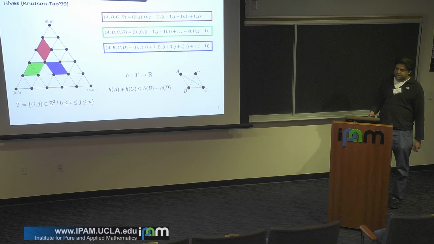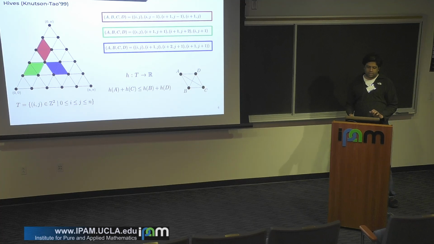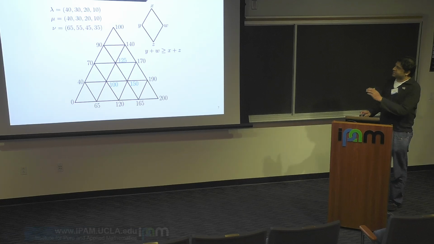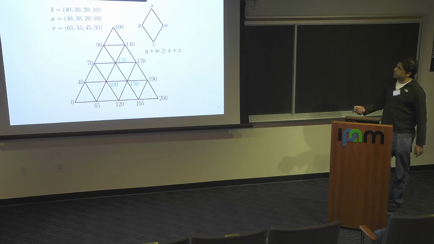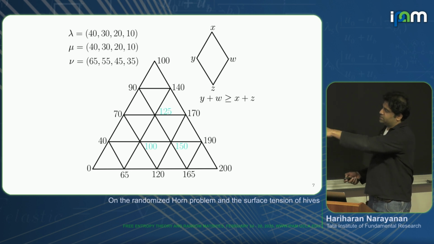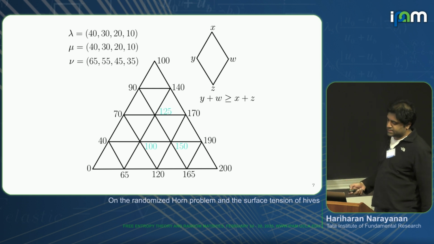What that means in practice is, this is an example of a hive. If you take the piecewise linear extension of the numbers written here on the small triangles and view it as a surface in R3, it is a concave surface.